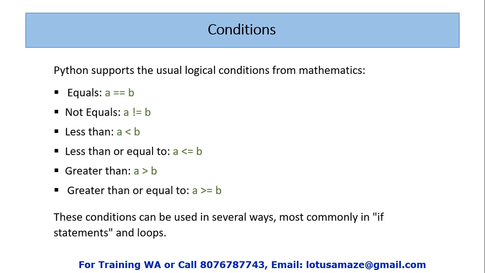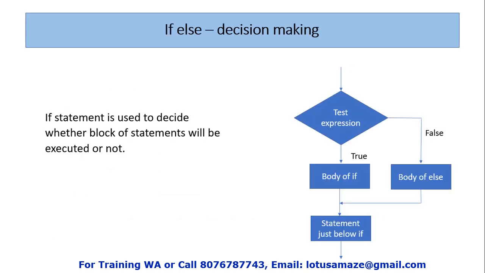So for any type of condition we use these different symbols between a and b, for example. Let's move ahead and understand the concept of if else. If else is used for decision making. The if statement is used to decide whether a block of statements needs to be executed or not.